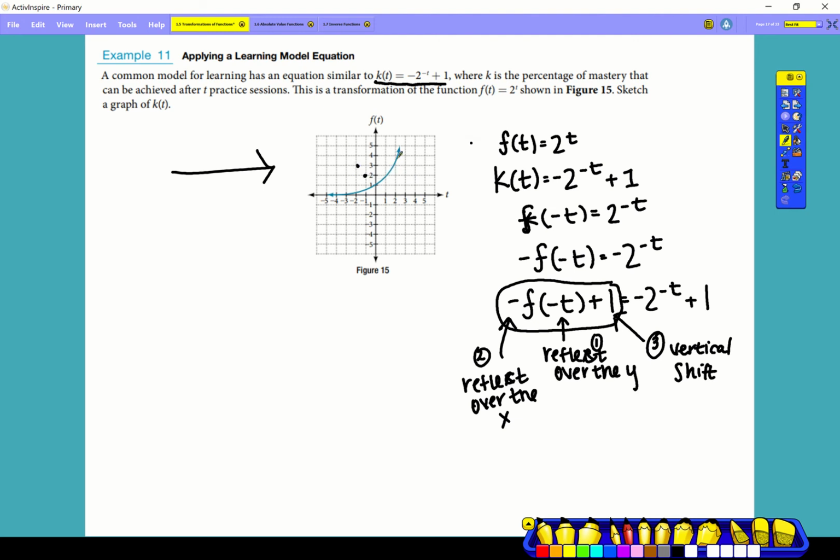So we're just going to reflect everything. And now notice that half line, so that allows us to draw f of negative t.